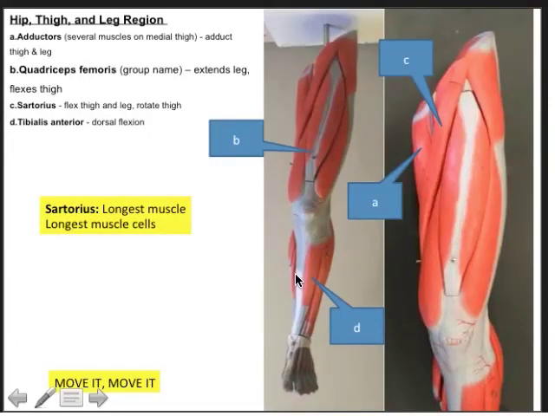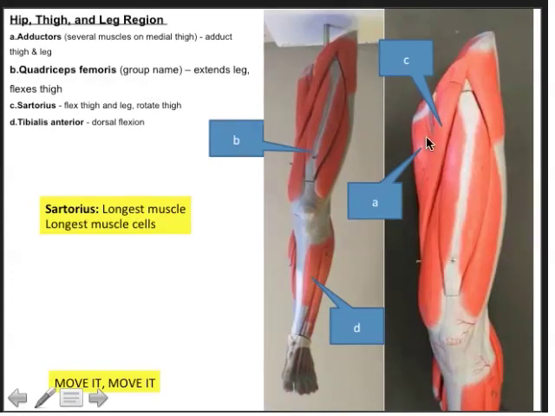And we can see here a group of muscles across the front of the thigh that are called the quadriceps. Quadriceps here means four, and femoris means near the femur. The femur is the big, long, strong bone in the upper leg. It is the longest and strongest bone in the body, and the quadriceps are there to extend the leg and to flex the thigh.